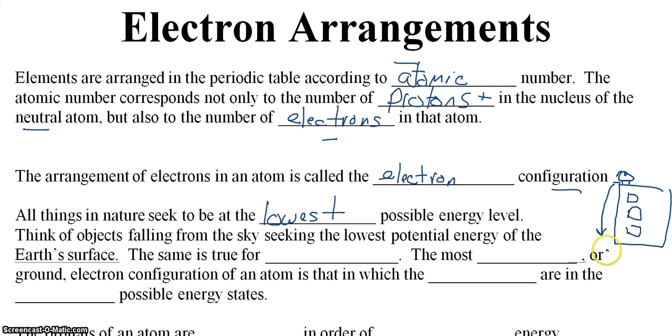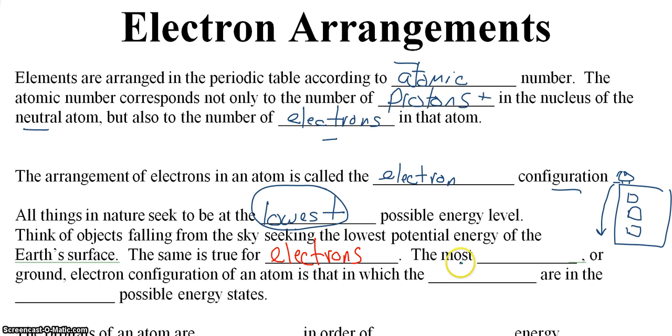So, same is true for electrons. Electrons want to be at the lowest possible energy. They want to be at a low energy level. Now, as we talked about in the last video, the s orbital is the lowest energy orbital for an atom.